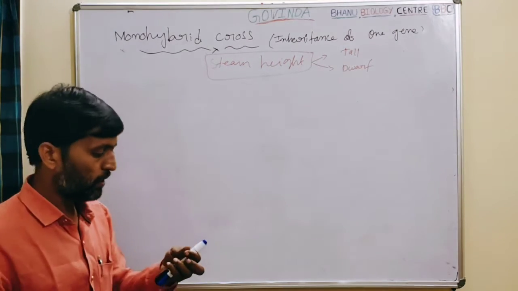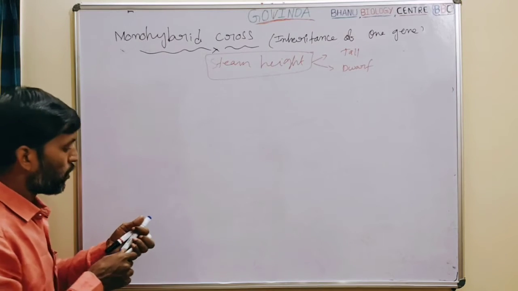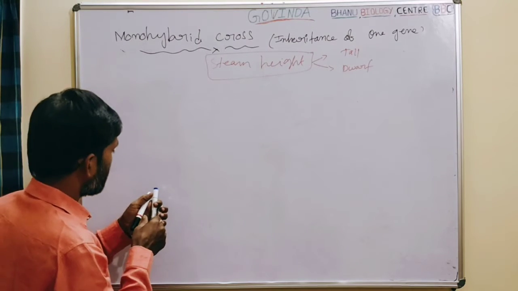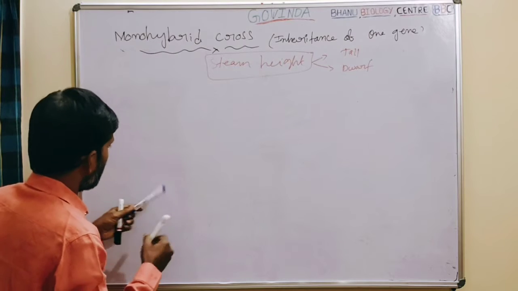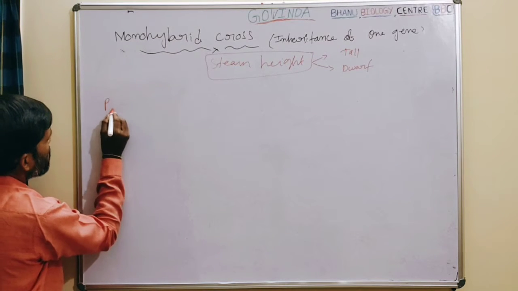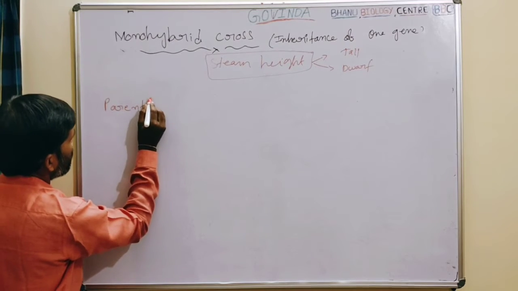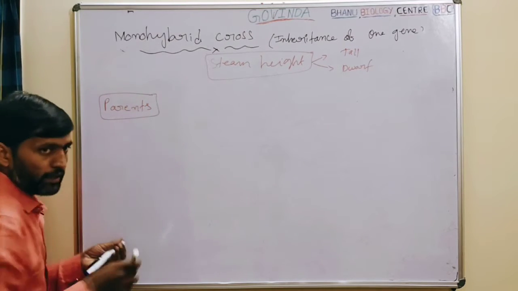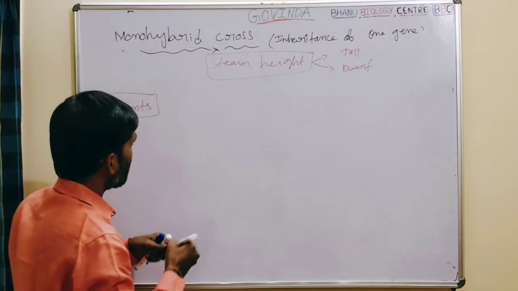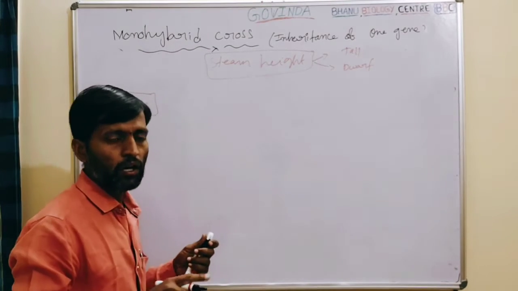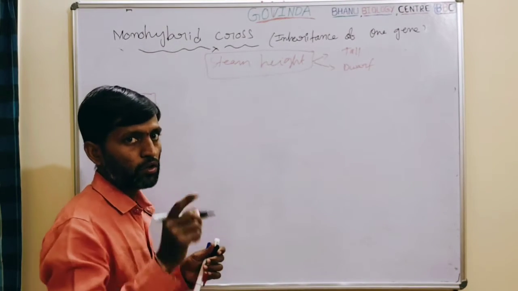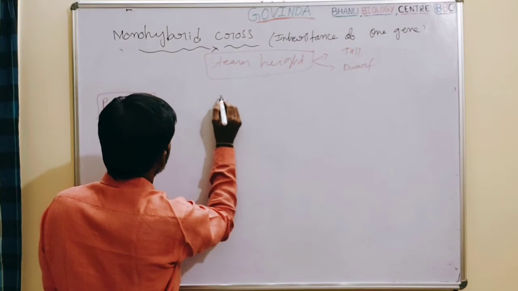So let us enter into the graphical representation of the monohybrid cross. Here, firstly I take the parents generation. The parents are always in the homozygous condition, not in the heterozygous condition.